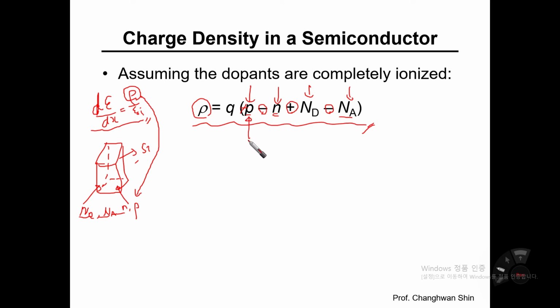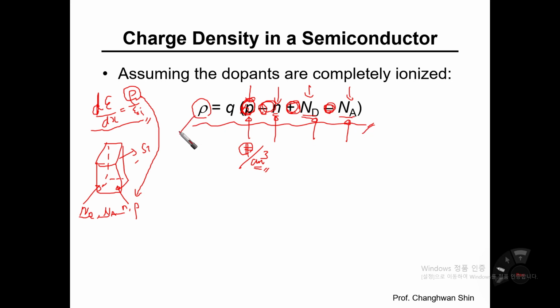But if you think about the unit for p, n, ND, and NA, all units are number of carriers divided by cubic centimeter. So for a given unit volume, how many carriers are there? How many positive carriers, how many negatively charged carriers, how many positive ion impurities, how many negatively charged acceptors are there.